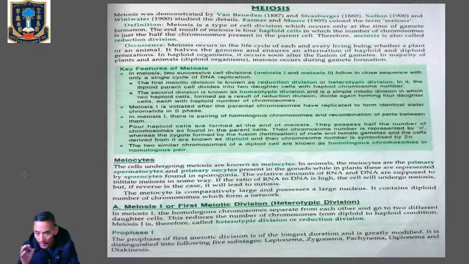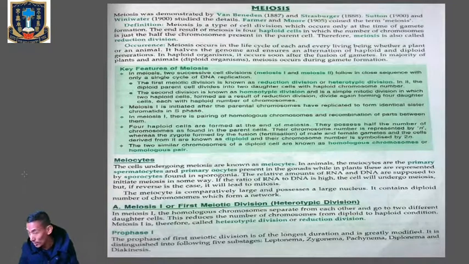Then next one, note it down: meiosis involves pairing of homologous chromosomes, which we will discuss afterwards when we go through the different phases of meiosis. So meiosis involves pairing of homologous chromosomes, homo means same, and recombination between them. And the most important thing is that at the end of meiosis, 4 haploid cells will be produced.